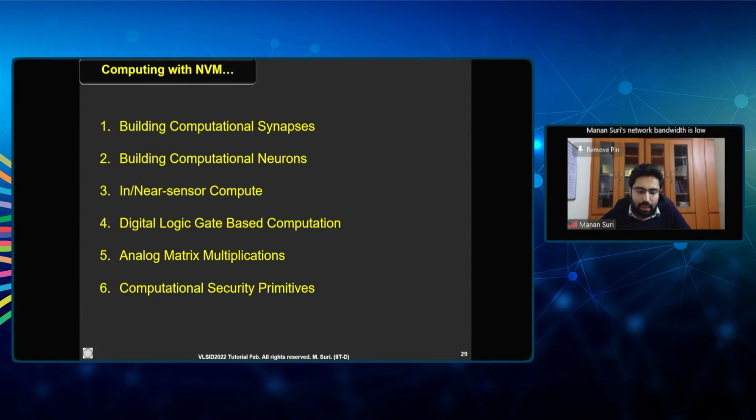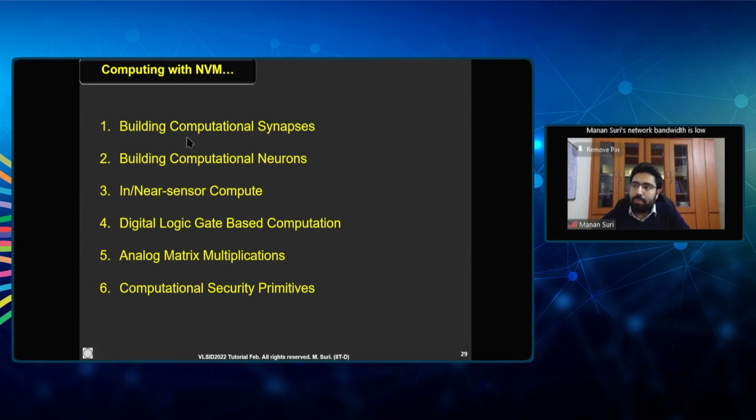But the way I like to look at it, any form of mathematical function or operation that your device or its underlying physics permits you to achieve, going from A to B, is essentially an in-memory or near-memory compute. If you take the entire gamut, there are at least 6 different types of in-memory or near-memory computations you can do with these devices.